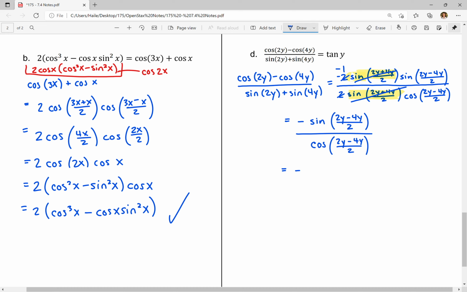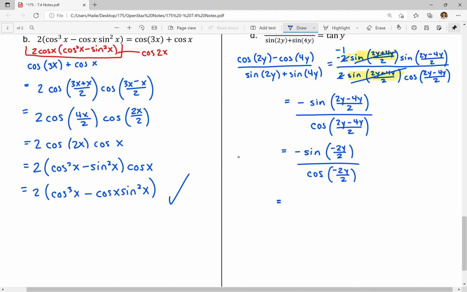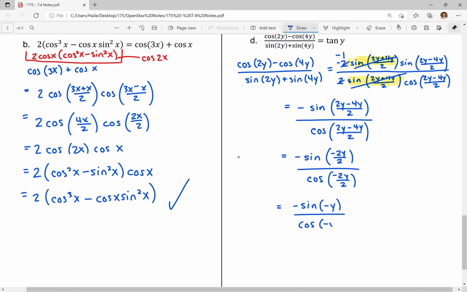So the top, we're going to have negative sine, and then 2y minus 4y is negative 2y over 2, and we'll get the same thing for the angle on the bottom. So we'll have cosine of negative 2y over 2, and I can keep simplifying the inside of those. So we have negative sine of negative y over cosine of negative y.